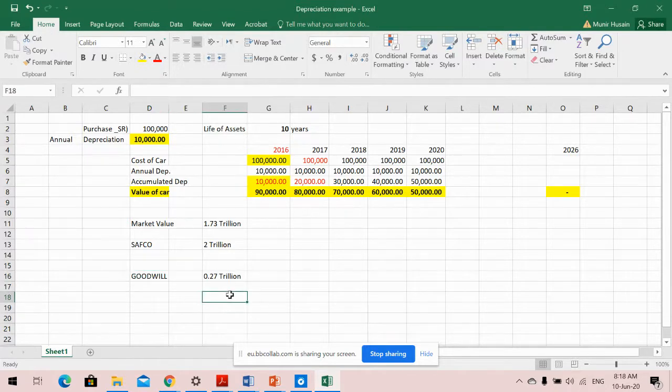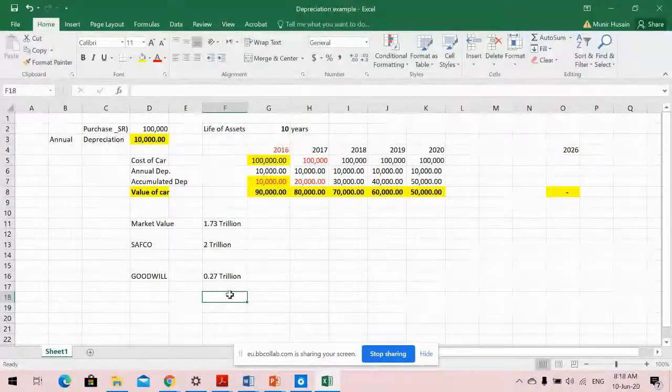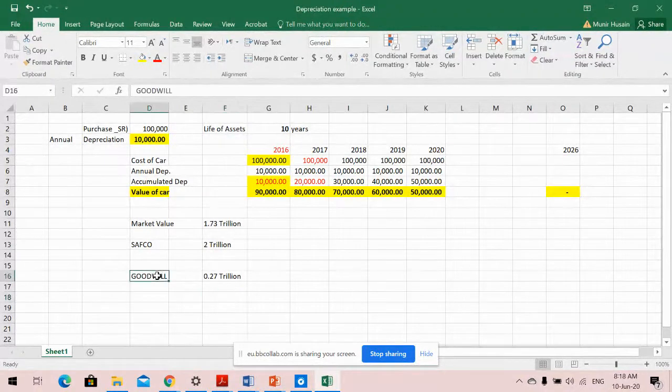So when Safco prepares their balance sheet, they will mention goodwill of 0.27 trillion there, so that any user can see what they paid. Actually, there is a detail as well. When you look at their financial statement, you'll read it and there is a detail.